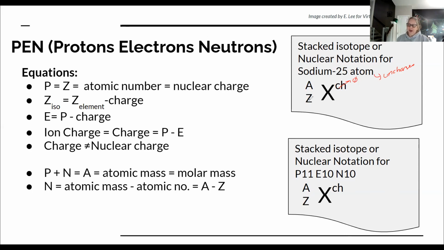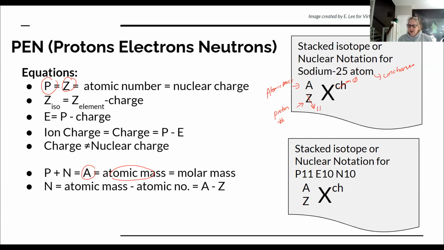I need to figure out the atomic mass, which is what A is. A down here is the atomic mass. And I need to figure out the number of protons. The number of protons is also capital Z, and it is the atomic number. So if I look on the periodic table, I find that sodium has an atomic number of 11.